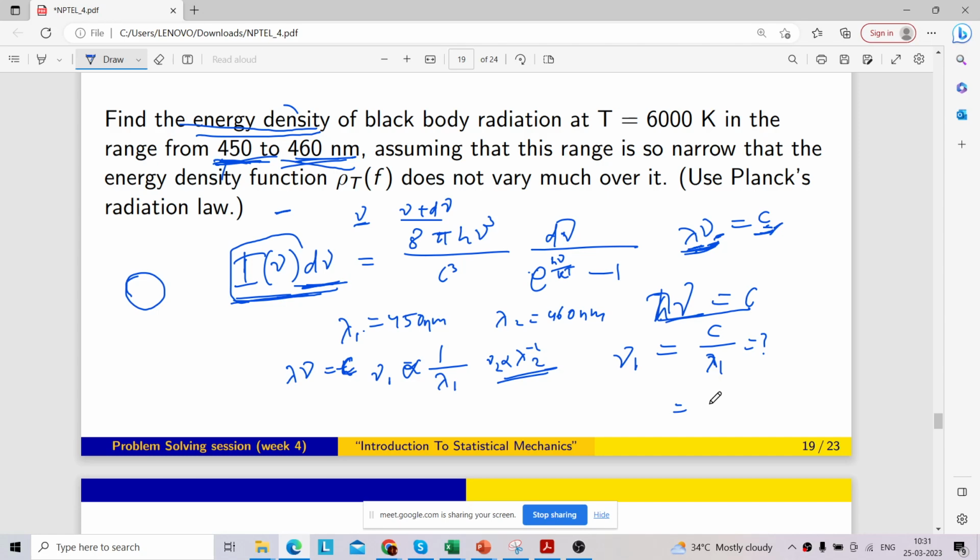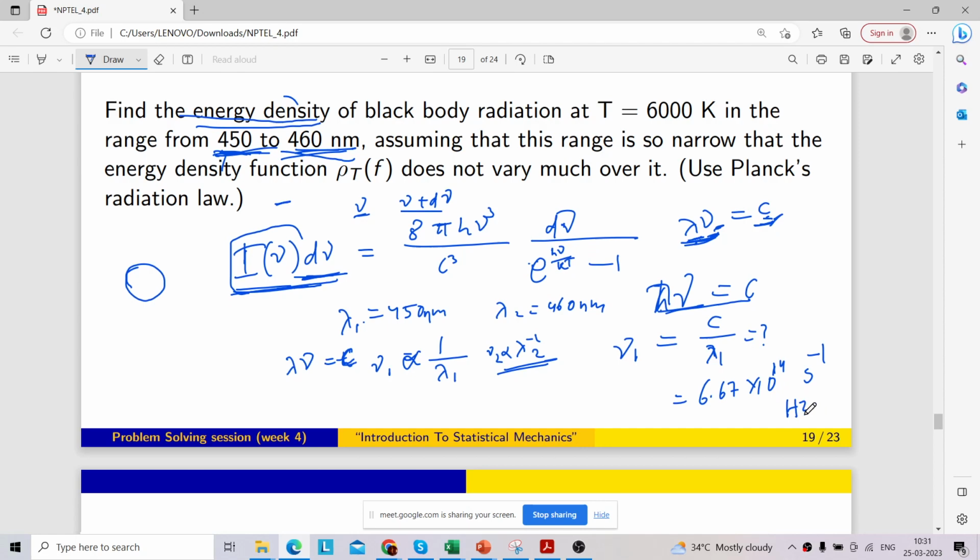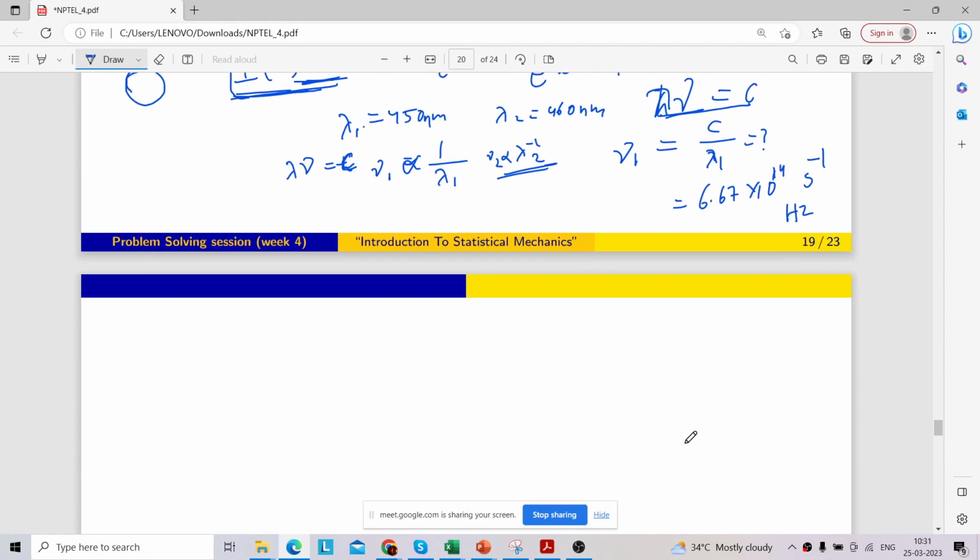It's 6.67 into 10 to the power 14. It won't be meter, it's frequency, second inverse or hertz. So we have nu 1 as 6.67 into 10 to the power 14 hertz.